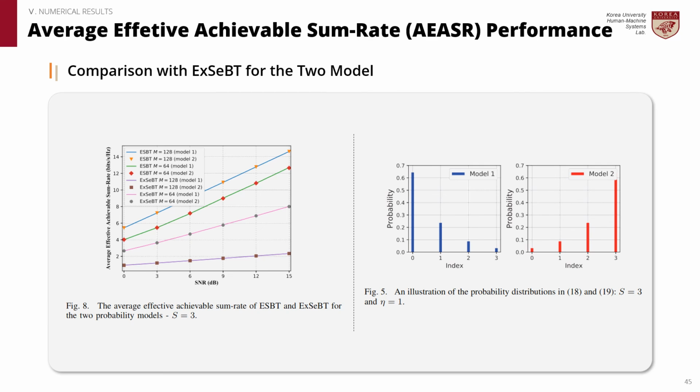Figure 8 demonstrates the AEASR performance of ESBT and EXSEBT for the two probability models. It is not surprising that EXSEBT achieves the same performance for the two models, but ESBT also achieves almost the same performance for the two models.